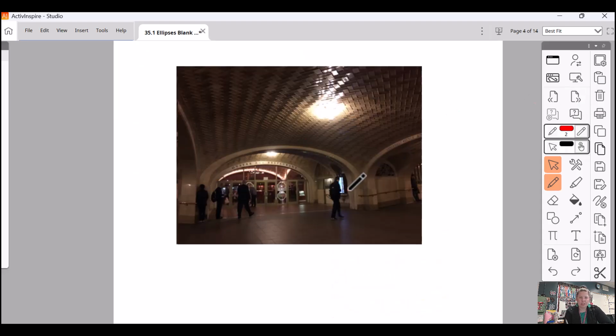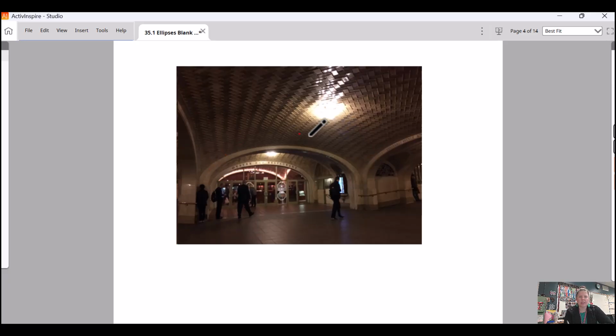Then I took this picture in Grand Central Station, and you can see the ceiling on this is an ellipse. In one corner is a focus point because it's a very long, very stretched out ellipse, and then I'm standing in the other focus point corner.